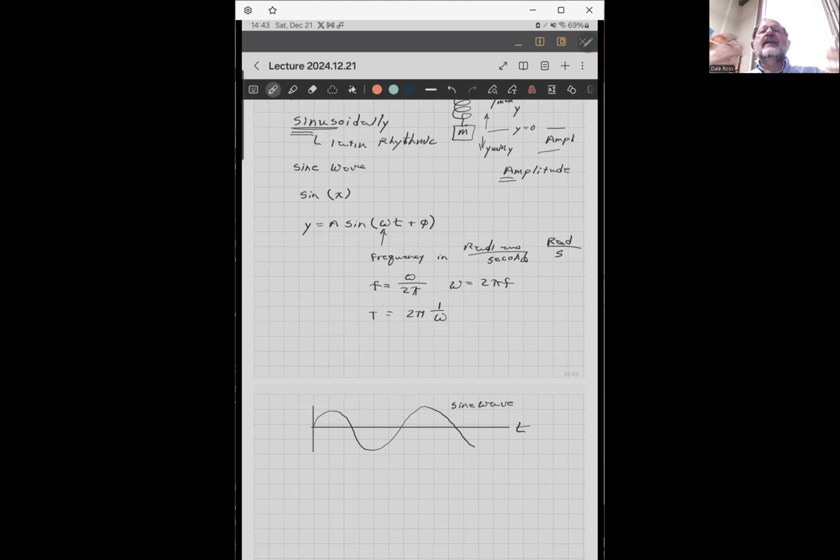Okay? If it changes rhythmically, whatever the function looks like in time, it looks like something with sine in it. Sine, the angular frequency, the amount of time, and this.